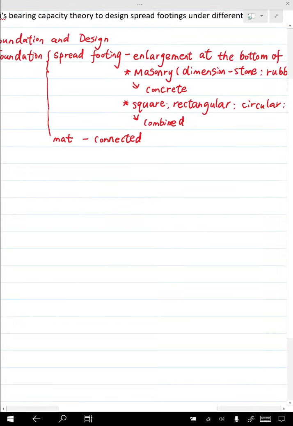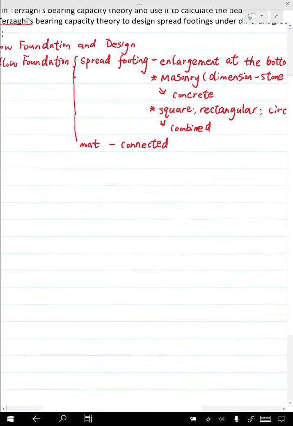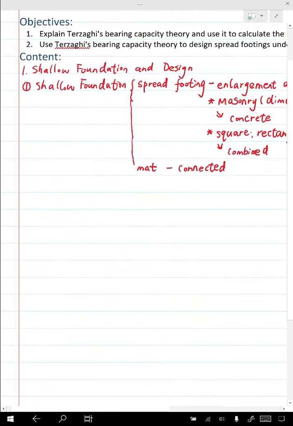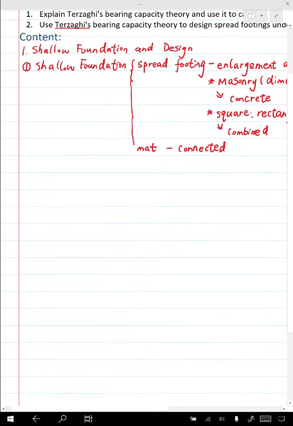So in this course, we possibly won't have time to cover the mat foundation. But as mentioned, the geotech part of the design is similar. If you know how to design spread footing, then you should know how to conduct analysis for the mat foundation. So let's take a look at spread footing, what it looks like.